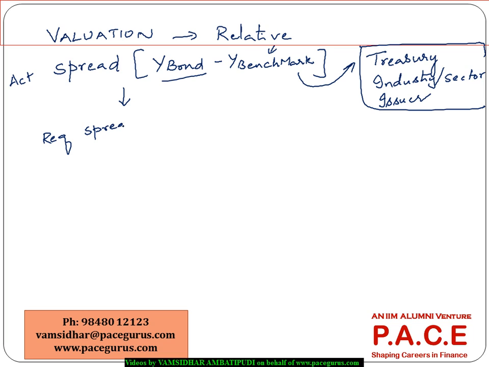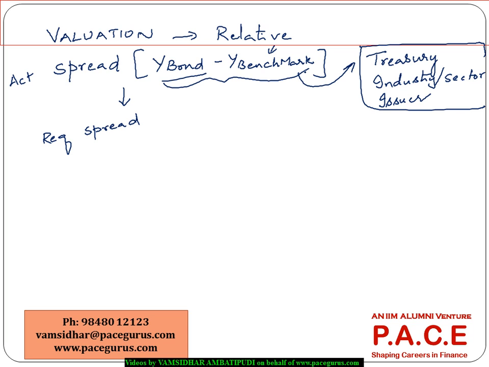I expect that this particular bond should have a spread of this much, but in reality today the spread is this much. So in valuation, I am looking at the actual spread versus the required spread.